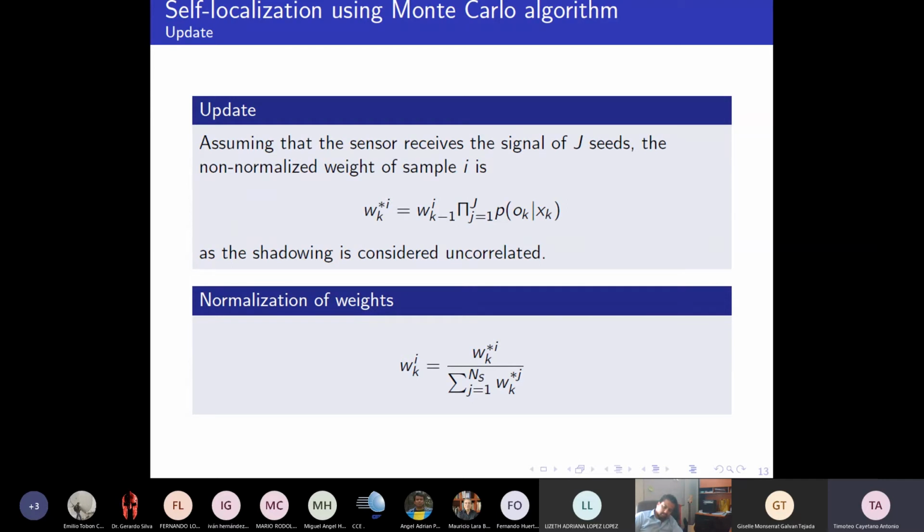The first expression on this slide gives us the weight of each sample, which depends on the number of seeds that a sensor node can hear at an instant k. As the weights need to be normalized, the second expression gives us the normalization of the weights, so that they are from 0 to 1.